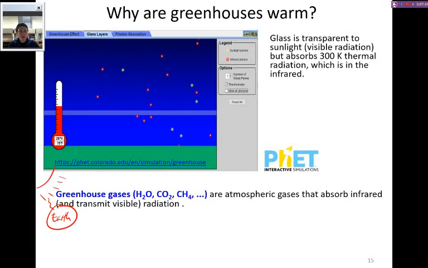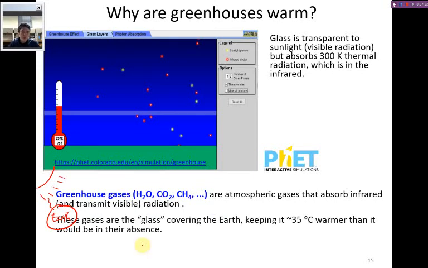And these are gases in our atmosphere that absorb infrared radiation and allow visible light to go through. And so these gases are essentially the glass that covers the Earth. And it allows it to keep the Earth about 35 degrees centigrade warmer than it would be in their absence.